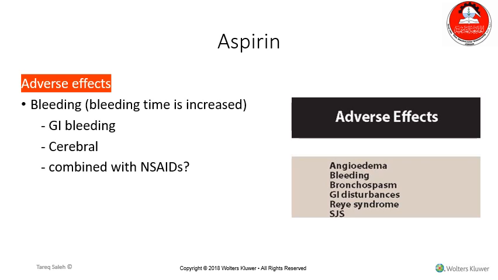Despite that aspirin is a widely used drug with a relatively safe profile, aspirin can also be associated with a number of adverse effects. And you can guess that the major adverse effect of aspirin is bleeding, since aspirin interferes with platelet aggregation and the formation of the platelet fibrin plug.